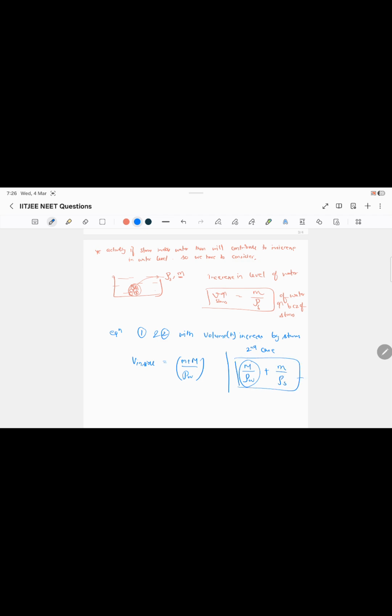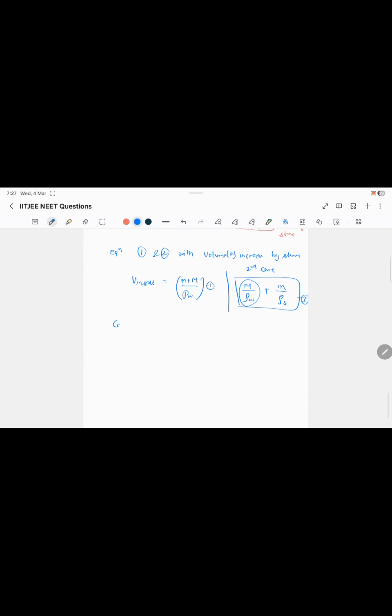Is this correct? This is equation 3, and that is equation 1. Now you have to compare equations 1 and 3. Is it clear? This is the volume inside finally, v dash, since earlier we hadn't considered that stones are thrown and volume will increase.